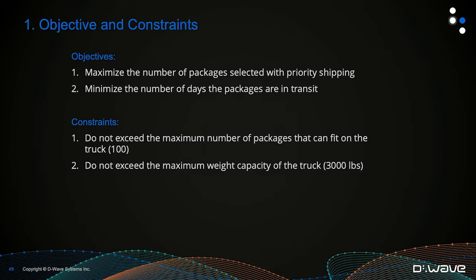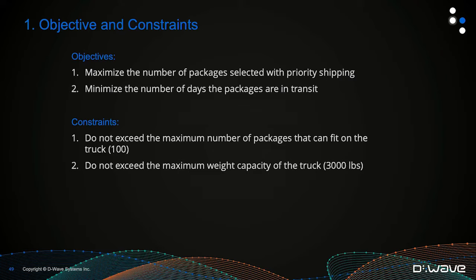All right, so for this example, we're going to have two objectives and two constraints. The first objective that we're going to consider is that we want to maximize the number of packages selected that have priority shipping. So if people pay for priority shipping, we want to make sure we're maximizing those packages. We also want to minimize the number of days that each package is in transit.